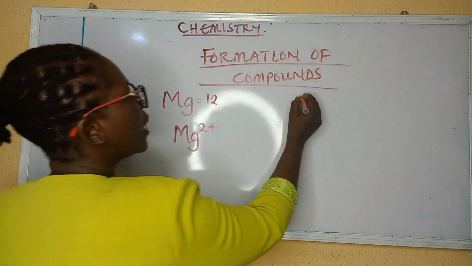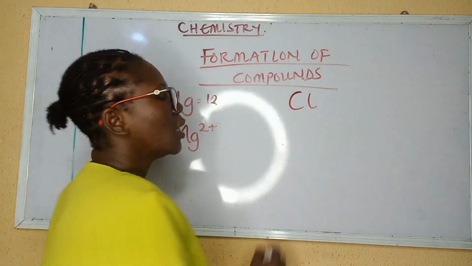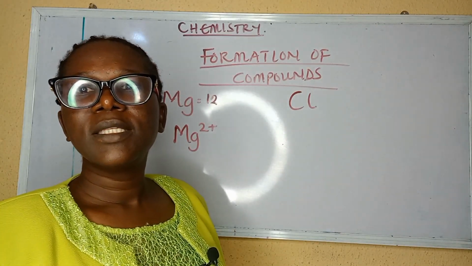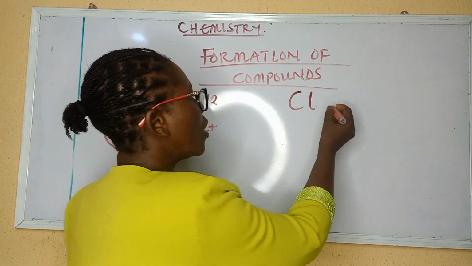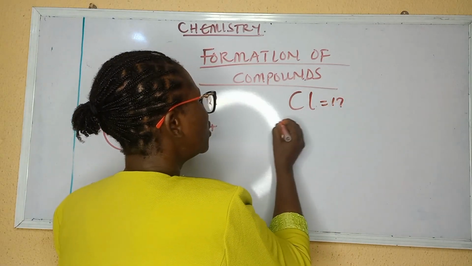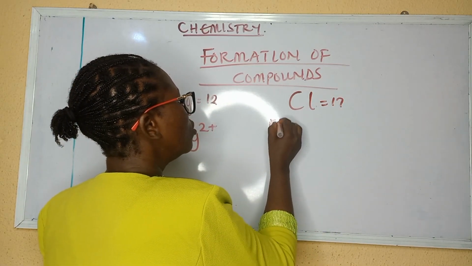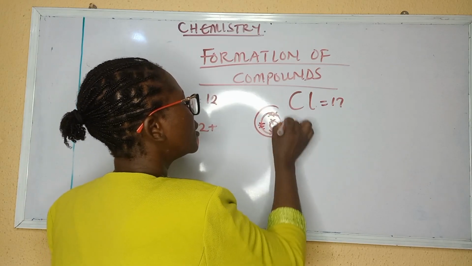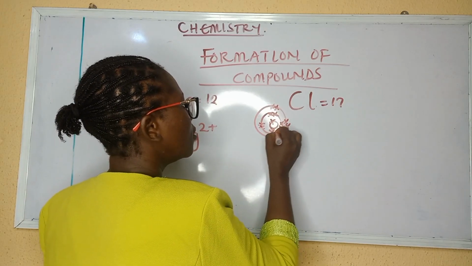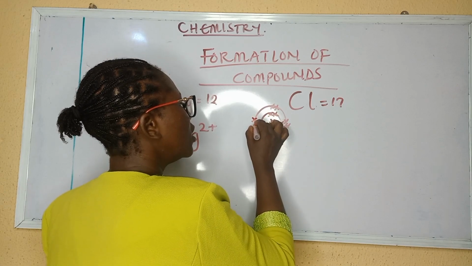So let's consider an element, chlorine. The atomic number of chlorine is 17. Capital C, small l. So I have the first shell taking 2, the second shell takes 8, the third shell takes 7. That's making 17. So it's in need of 1 more.